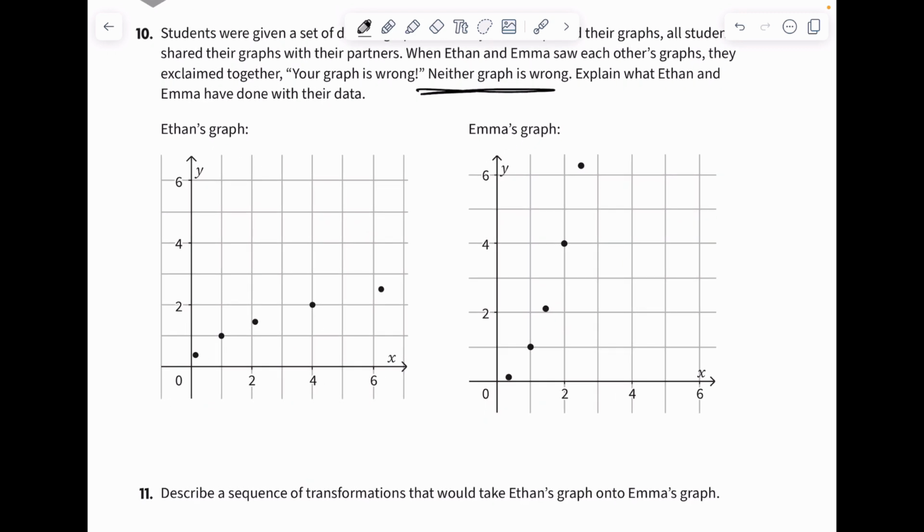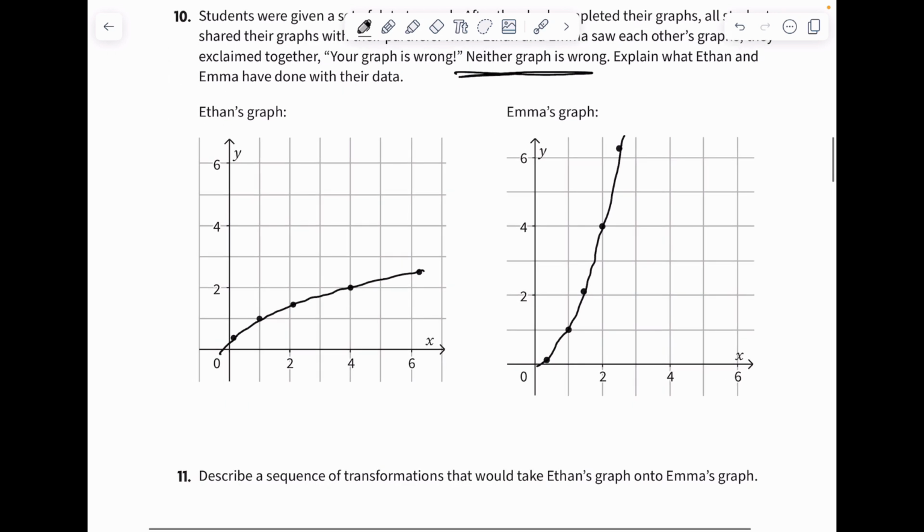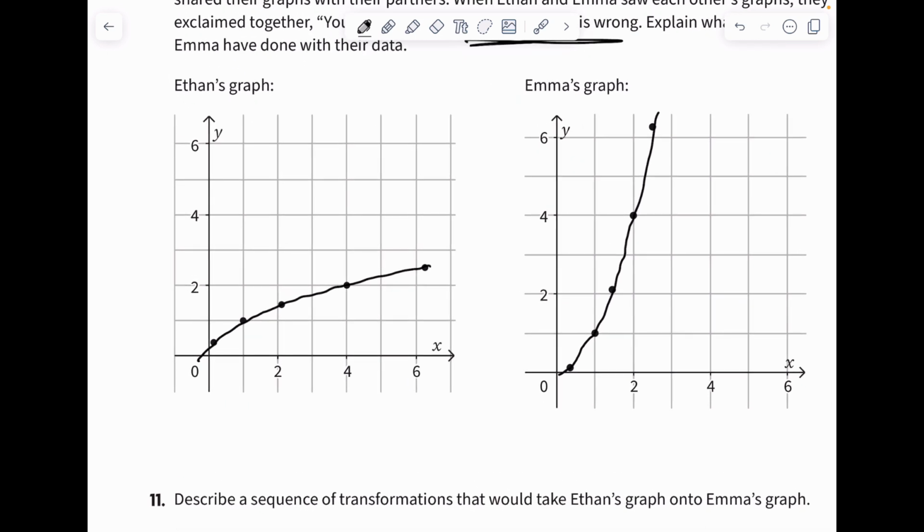So I'm just going to connect the dots here, because that's my first thought. Now we have to think about what these points are. Let's find good points to talk about. This point right here is 4, comma 2. I like this point here too. This is just 1, comma 1.